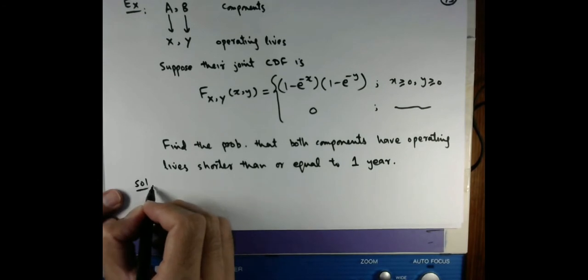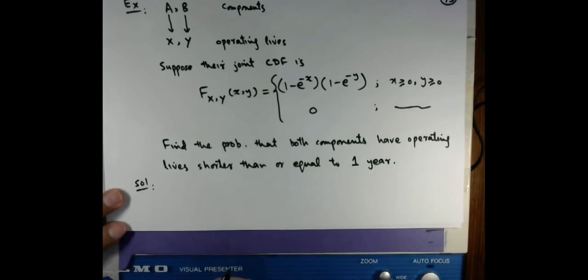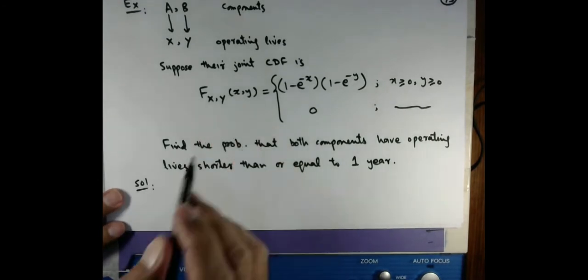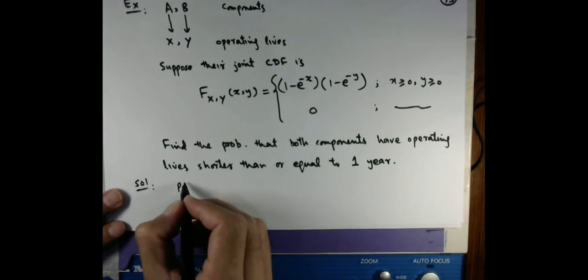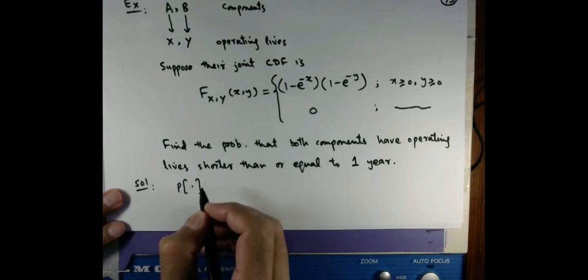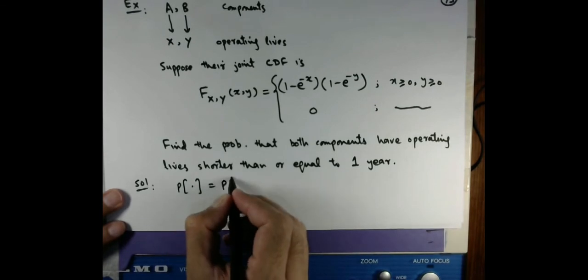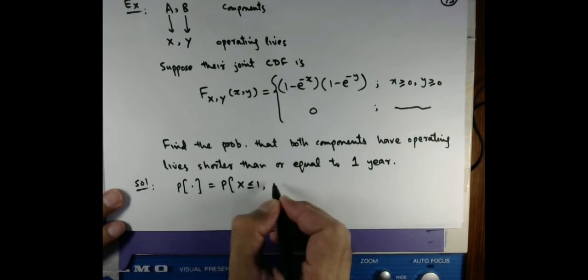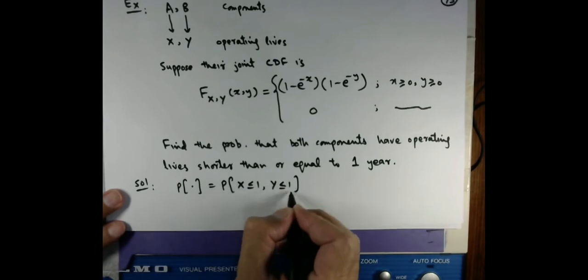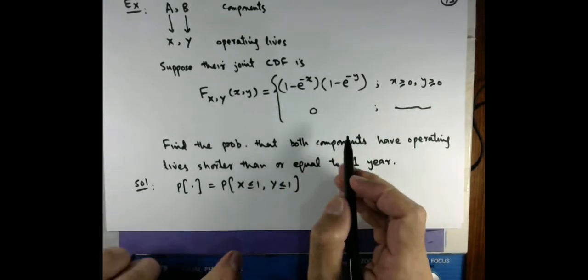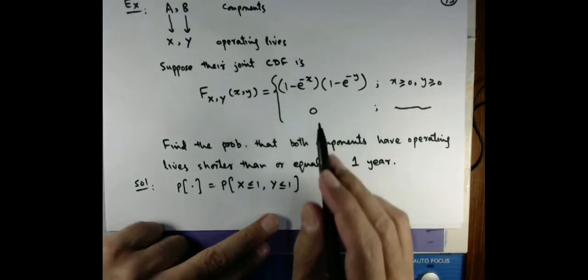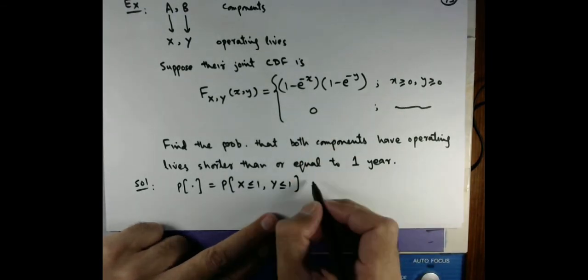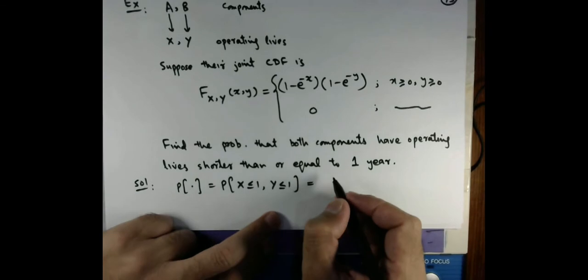So the solution is simple. You simply plug in the values here. This probability is nothing but the probability that x is less than or equal to 1 and y is less than or equal to 1. Now you can also see an indicator of independence here, but you need to think on that.